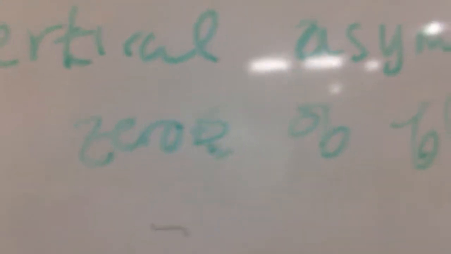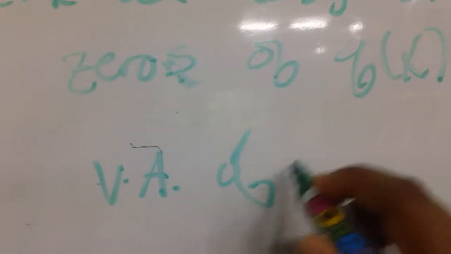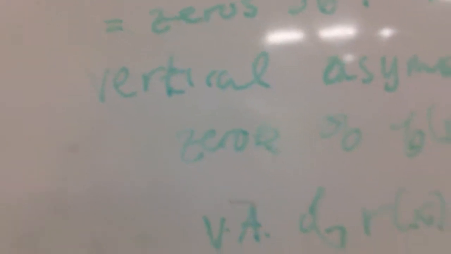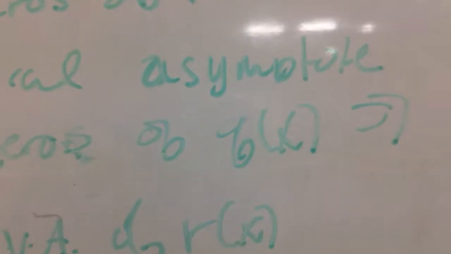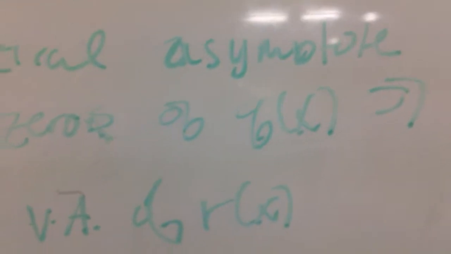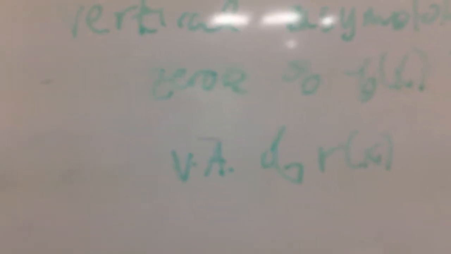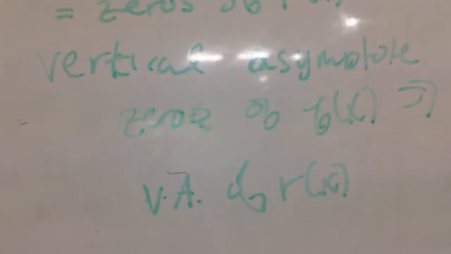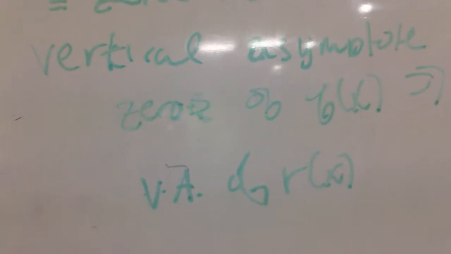So the zeros of the denominator would lead you to the vertical asymptotes of the rational functions. Okay? So let's take a look at an example.